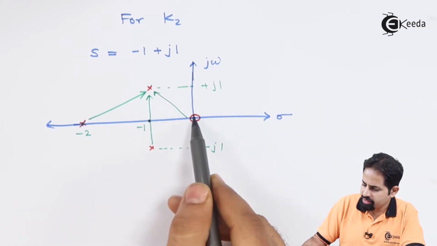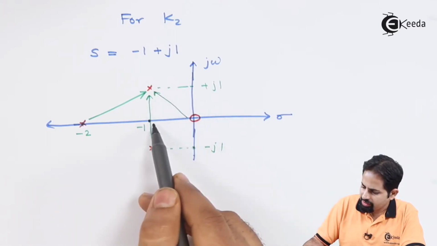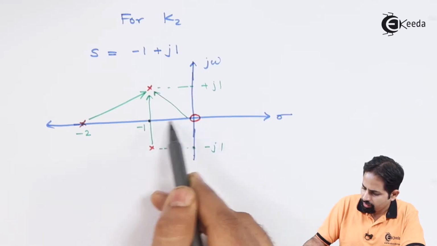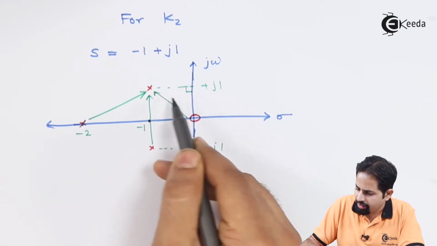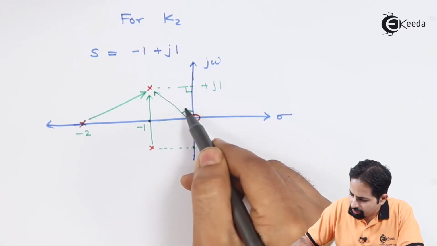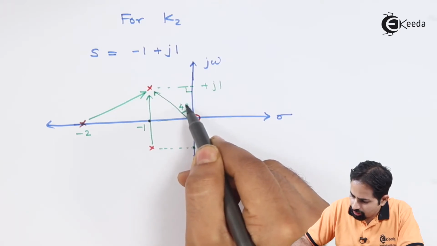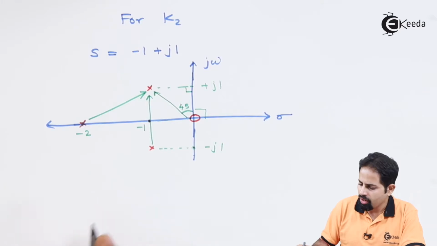So first we'll see this zero, and for this zero you can see this distance is 1 and this height also is 1. This angle is 90, so these angles have to be 45. So this angle is nothing but 45 degrees. This angle is 90.